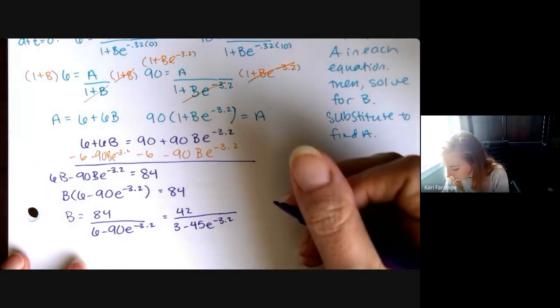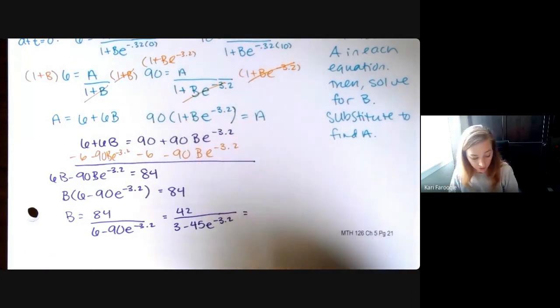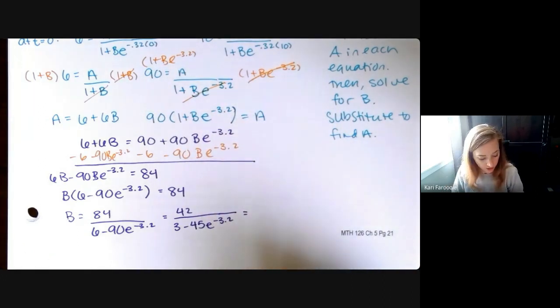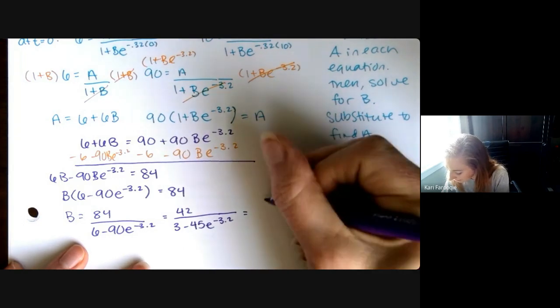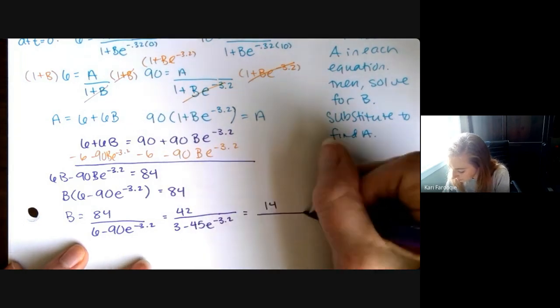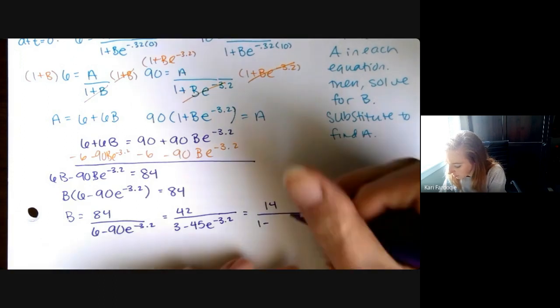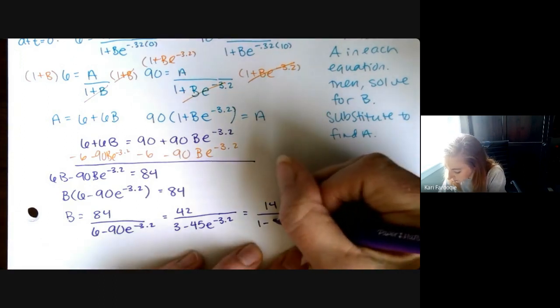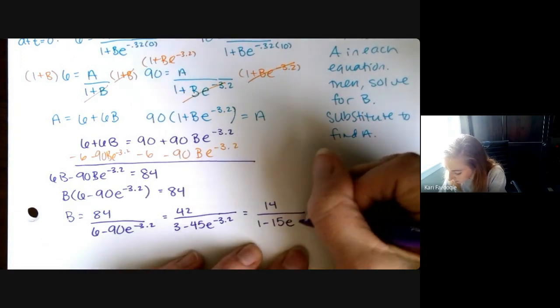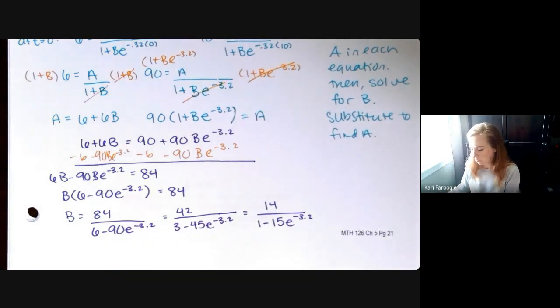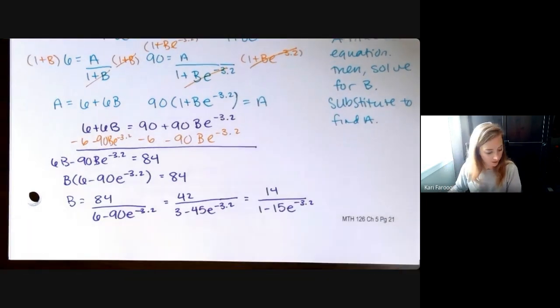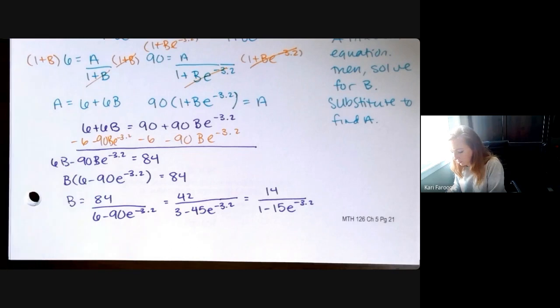Why did that not occur to me? That's fine. 42 divided by 3 is 14, divided by 1 minus, and then 45 divided by 3 is 15e to the negative 3.2. Oh, I'm making this take up so much space. Sorry. Okay. And we're just going to have to approximate these, by the way. We're going to have to just get close. I know, so I did all this work for what?